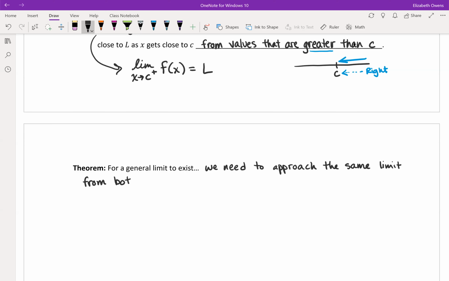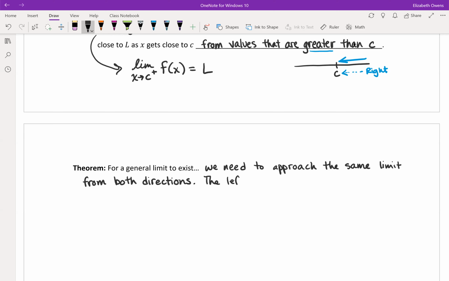That was part of our original definition of an overall limit, that we're approaching some x value from both sides.